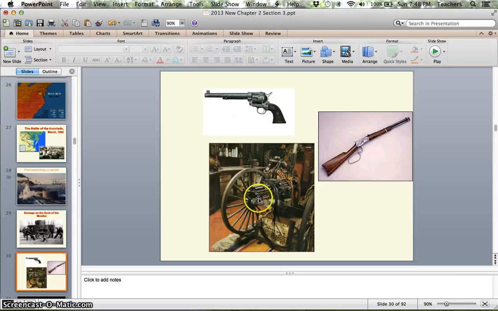You had the Gatling gun, which was kind of like a machine gun that you spin with a handle and it just shoots out. You had the revolving pistol. You had the repeating rifle. You had the mini ball. And the rifles now could shoot a lot further distance and more accurately with their grooved barrels.